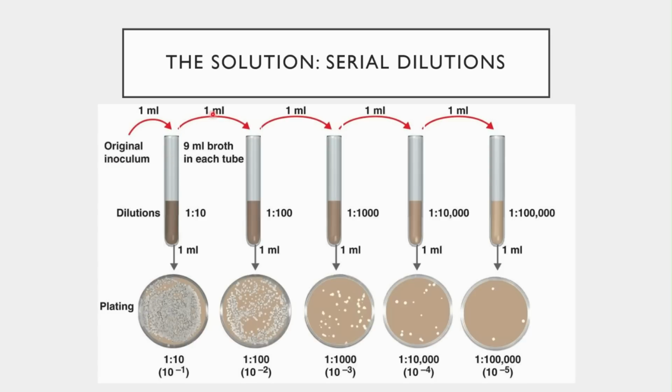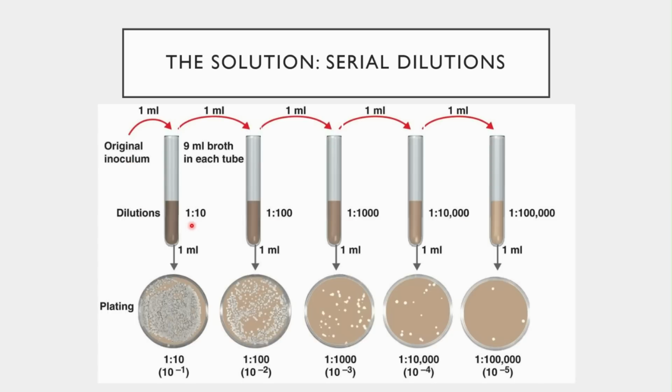Now, if you take a mil out and you put it into a new solution, now you've done two 1 to 10 dilutions, which is a 1 to 100 dilution. So you times the number of CFUs counted here by 100, and that would tell you how many bacteria were in the original concentration. So on and so forth.